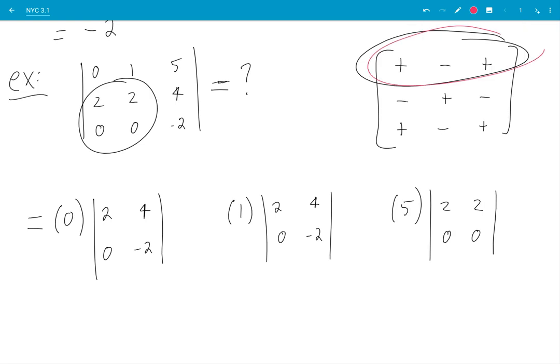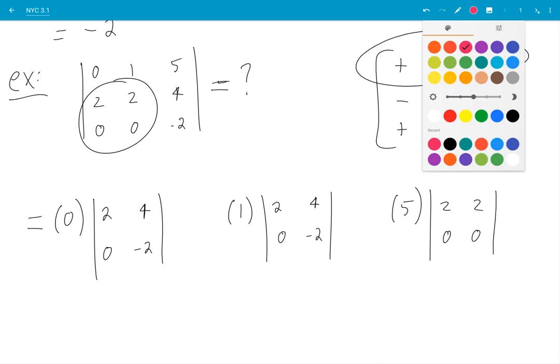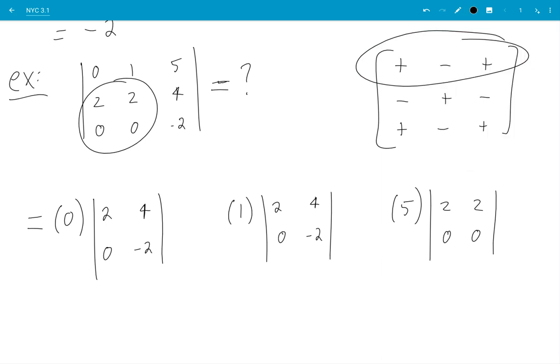Okay, and the last thing I'll do is the pluses and minuses. It doesn't really matter. So, okay, 0 gets a plus. The 1 gets a minus. And finally, the 5 gets a plus.